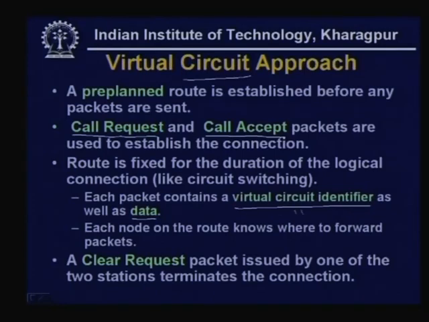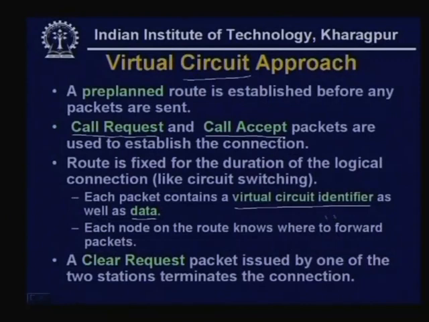That virtual circuit identifier is used to route the packet through the packet switch network, and each node on the route knows where to forward the packets. That means the node need not really do the routing, only after receiving that virtual circuit identifier, it finds out where to forward, in which direction to forward.